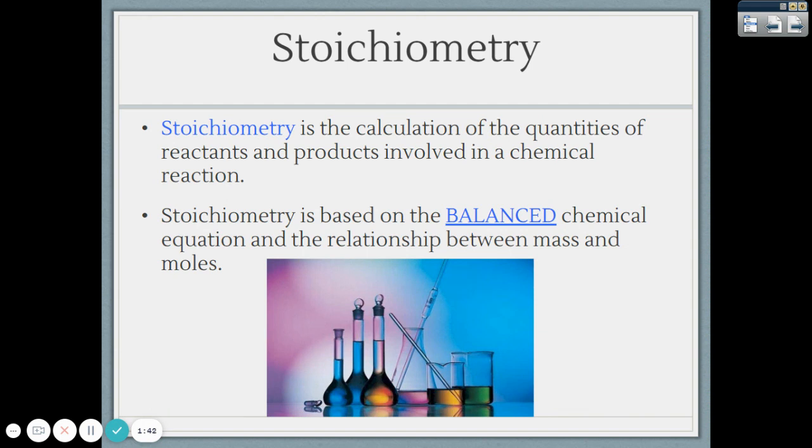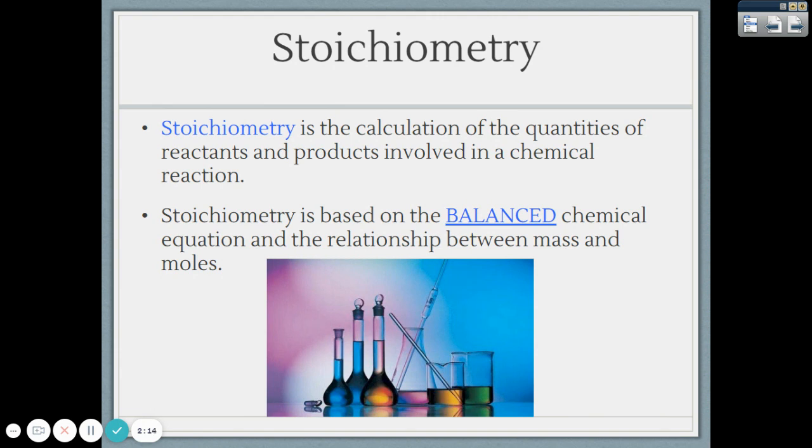So stoichiometry sounds like a very big, complicated word, but it's really just calculating quantities of reactants and products in a reaction. So you're using your ratio of compounds and taking what you have on the reactant side and using that to give you a really good prediction of how much product you should get out on the right side of your reaction.